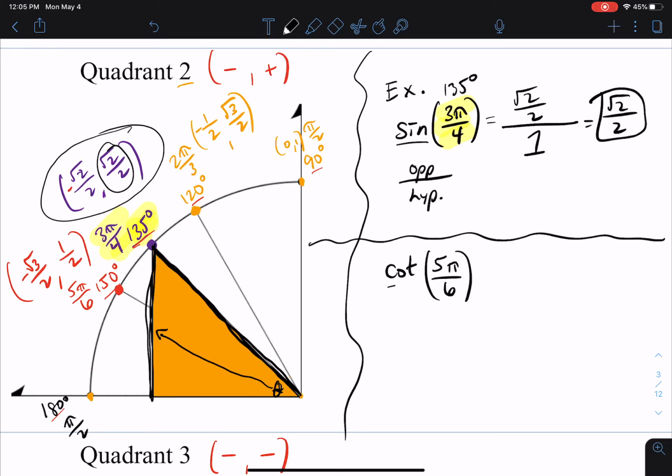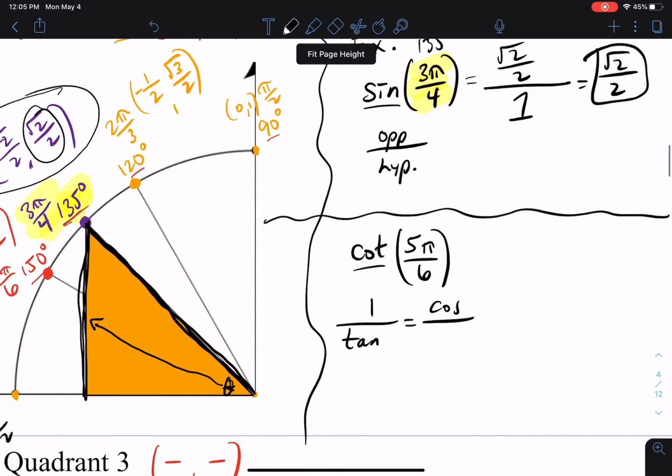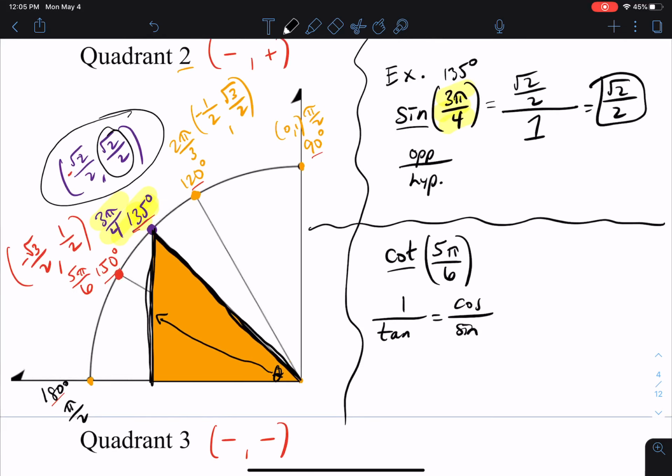Now cotangent. You can think of cotangent as one of two things. You can think of 1 over tangent, or since tangent is sine over cosine, you could think of cosine over sine, whichever way. Let me erase this. Let's just use 1 over tangent, so let me find tangent first.